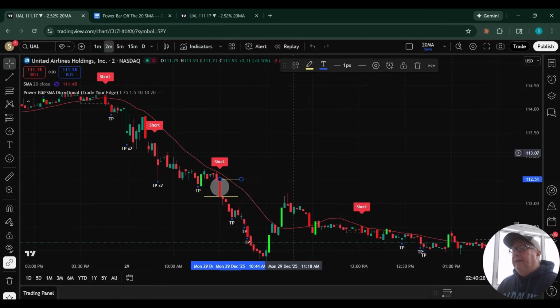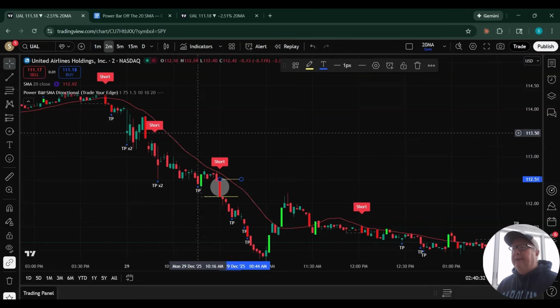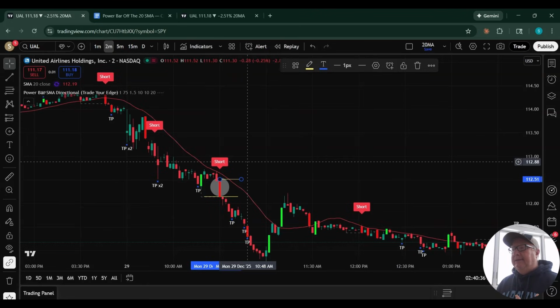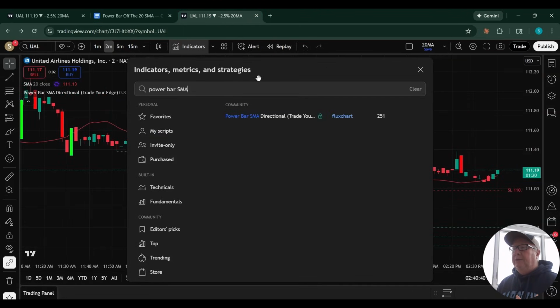So like I said, I put together a power bar indicator that triggers whenever this setup takes place. If you go to TradingView under indicators, you can click here on indicator. If you type power bar SMA, you will see the indicator here. And this is a write-up about the indicator and how it works.